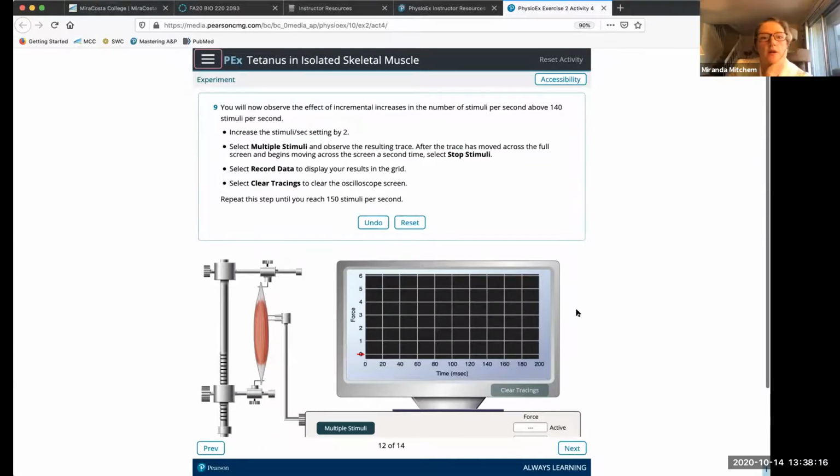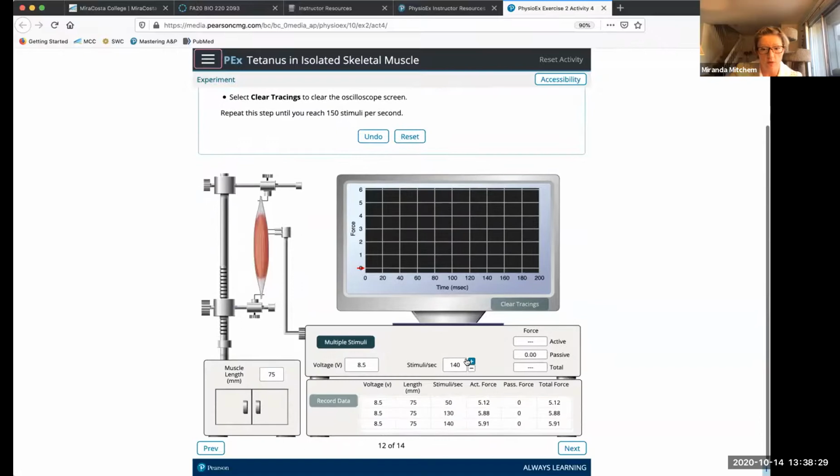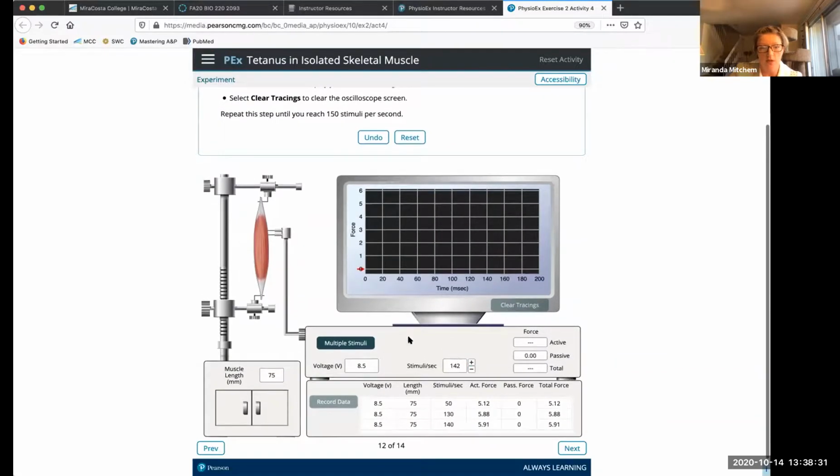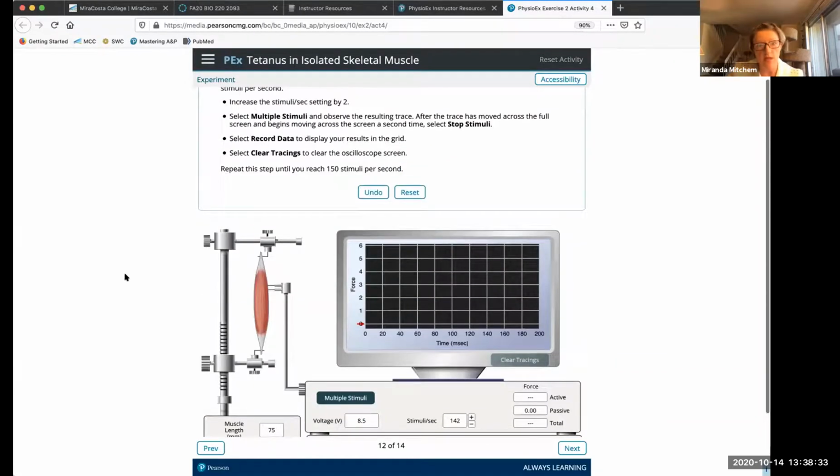Okay, so now we're going to look at the effect of incremental increases in the number of stimuli per second above 140 stimuli per second. So it says to increase the stimuli per second setting by 2. So we're going to go to 142. Whoops, it does it in 2. Okay, and then do the same thing again.